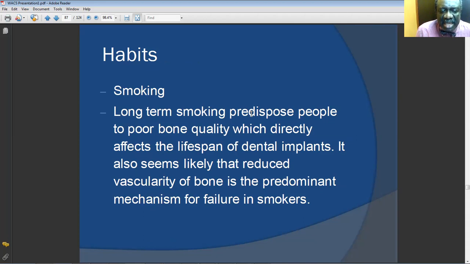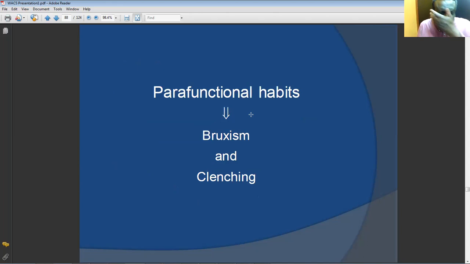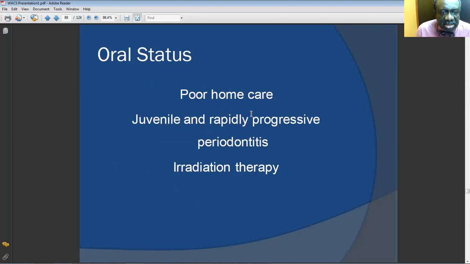It also seems likely that reduced vascularity of bone is the predominant mechanism for failure in smokers. Parafunctional habits include bruxism and clenching, and oral status, poor home care, juvenile and rapidly progressive periodontitis, and irradiation therapy.